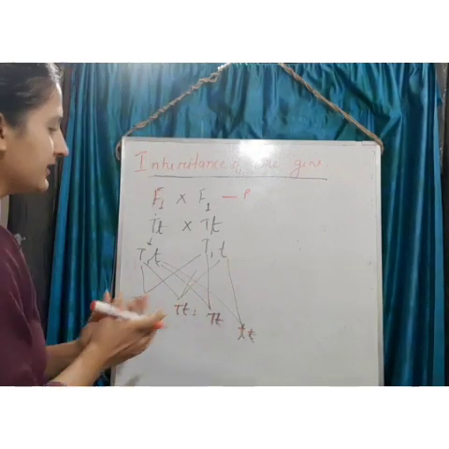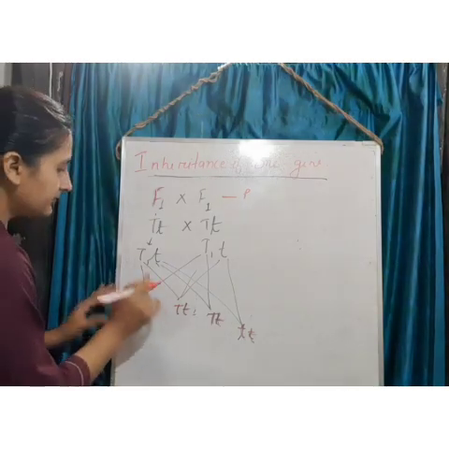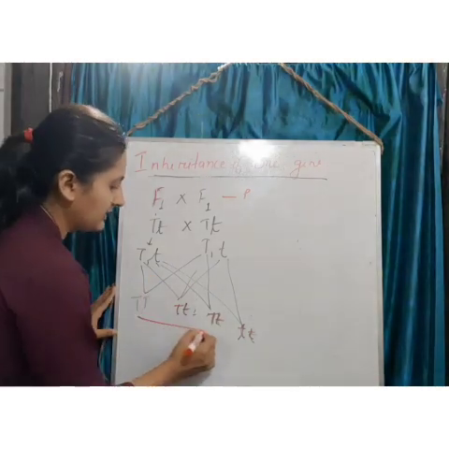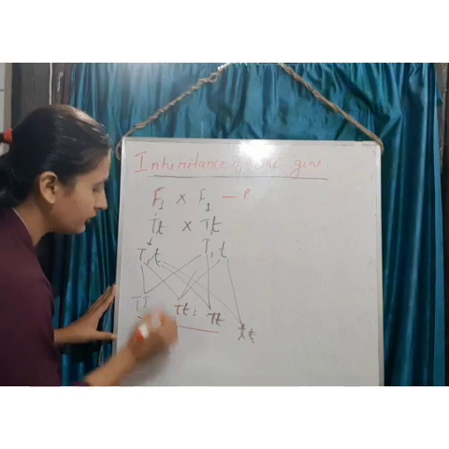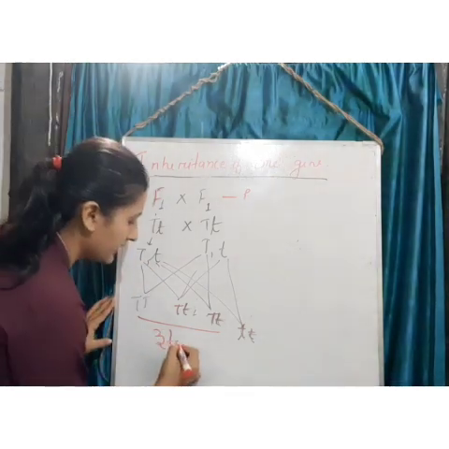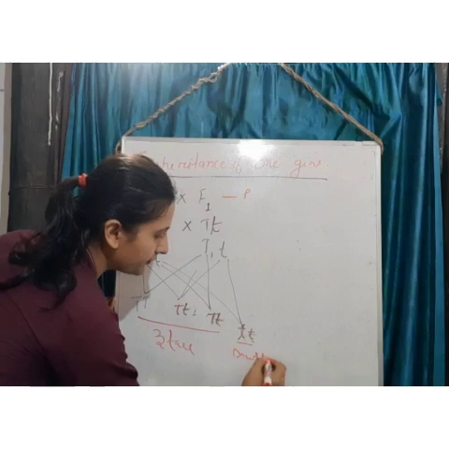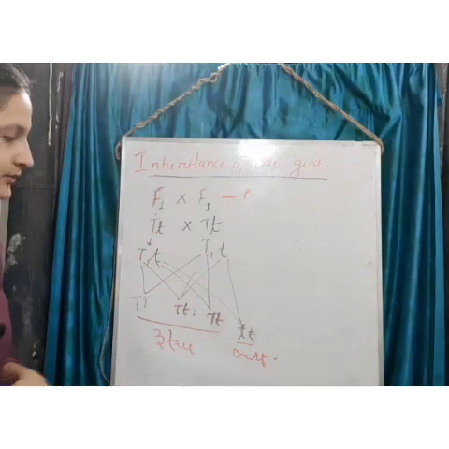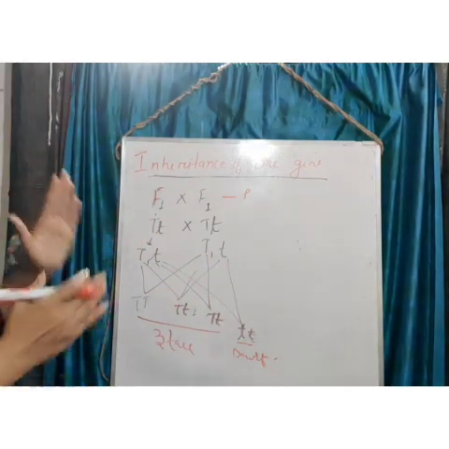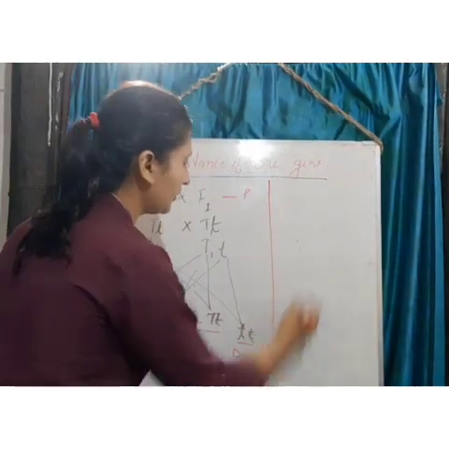Here, what is observed is that phenotypically there were 3 tall and 1 dwarf. Correct? Could you follow this? Let me just show you.